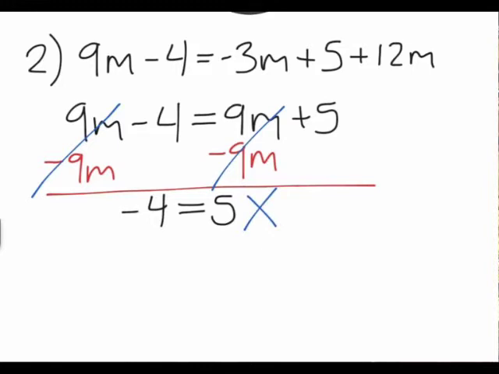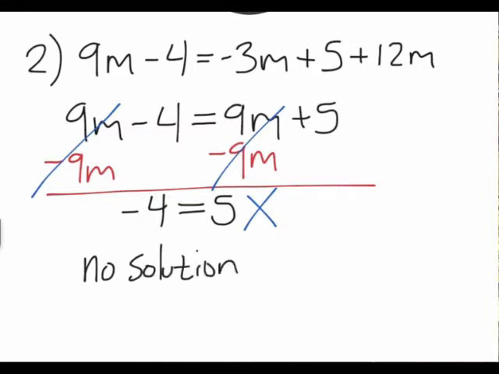So, in this situation, whenever we, in the process of solving an equation, wind up with a statement that is not true, in other words, one number equals another number, but they are not the same, this means that there is no solution to the original equation.